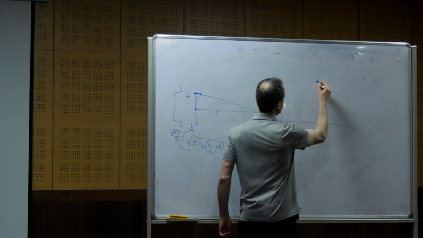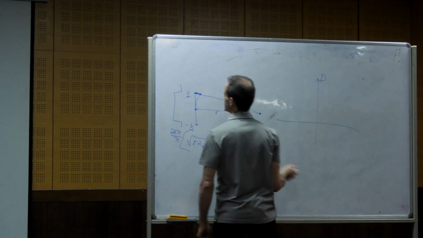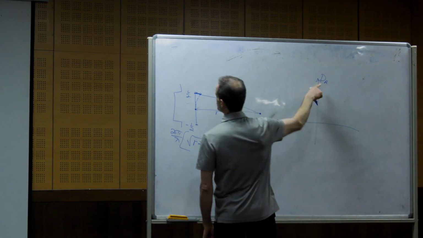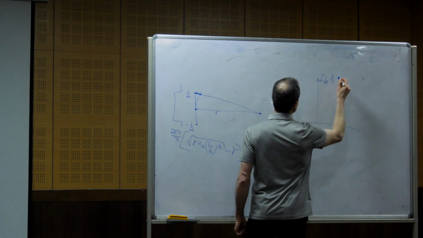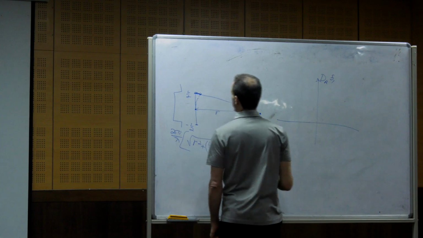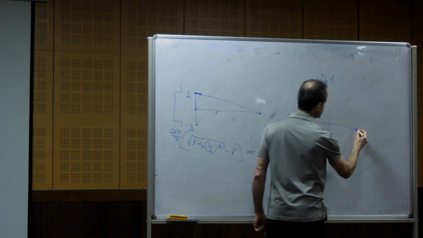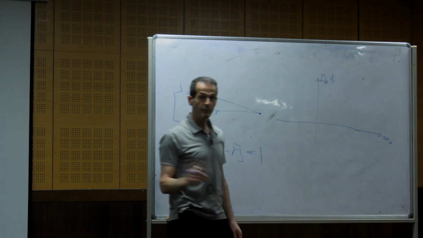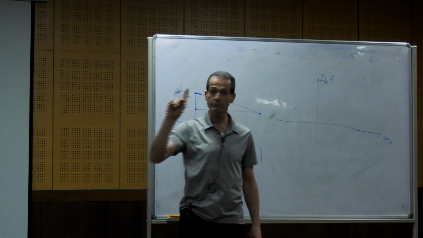So if we take D, the directivity pattern, this is the electrical signal that is received, at frequency f, and this is alpha x. Alpha x means the direction where it comes from.